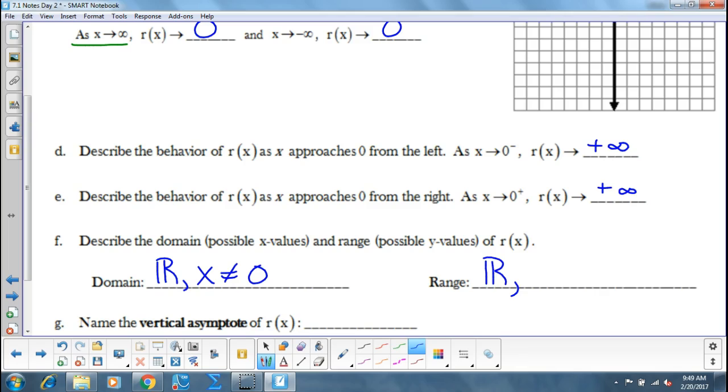Any other ones? Y can't go below 0. So how could I say that in math speak? Y can't go below 0 and y can't equal 0. Y has to be greater than 0.